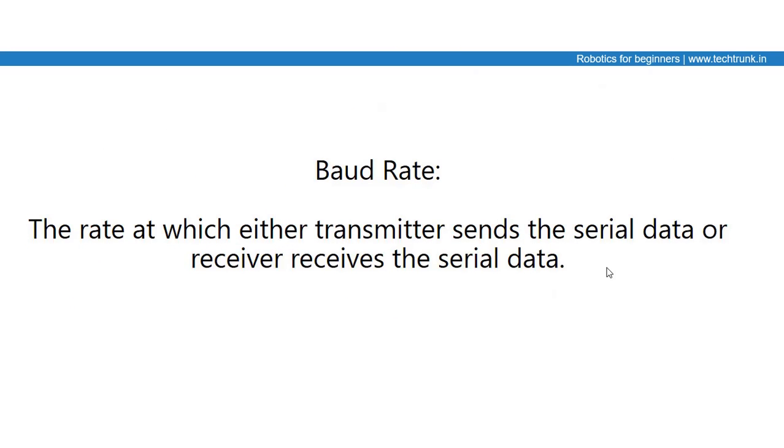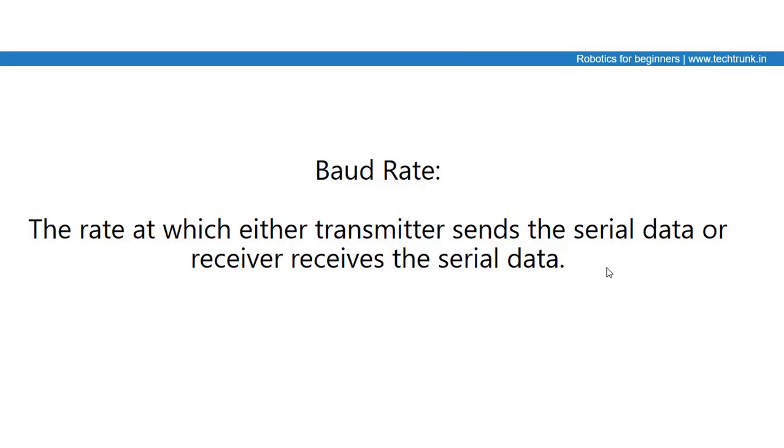Coming back to the term baud rate, we have seen that in case of asynchronous serial communication, there should be some extra effort put in for reliable transmission of data. For that, we use a term called baud rate, that is the rate at which the data is being transferred, or you can say the rate at which either the transmitter is sending the serial data or the receiver is receiving the serial data.